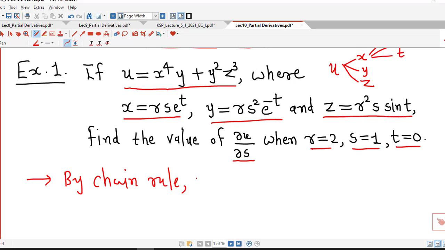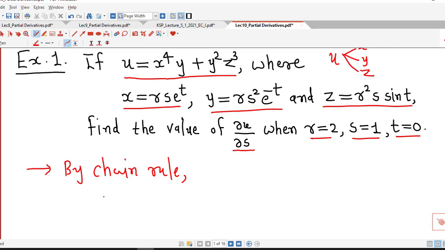Because u is directly function of x, y, z, to find out partial derivative of u with respect to s, first we differentiate u with respect to x, y, z.